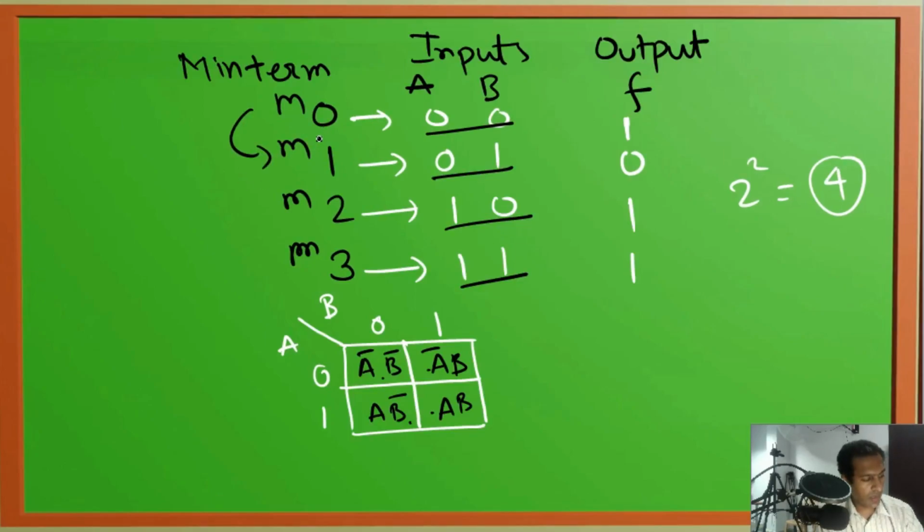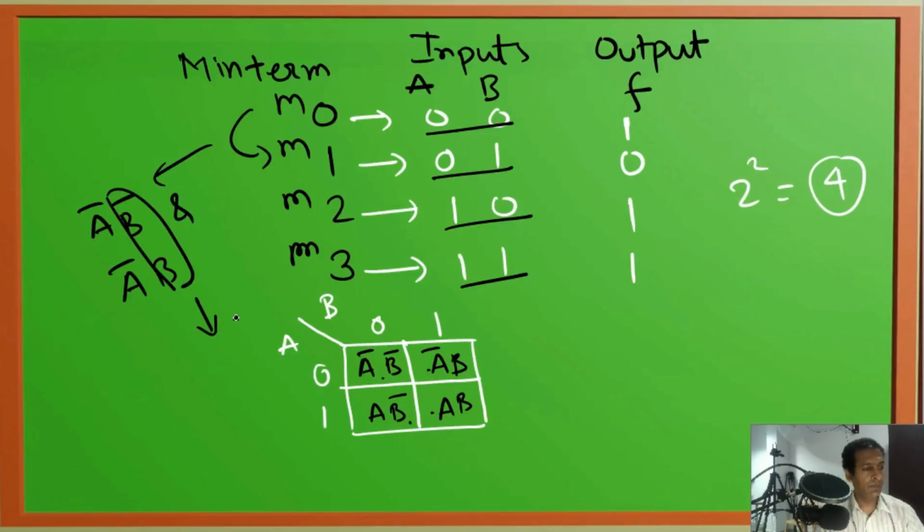M0 and M1, that is A bar B bar and A bar B, differ only in one variable, that is B. A is common, only B is changing. So they can be combined to form a 2 square to eliminate the variable B. Similarly, any other adjacent terms we can reduce.